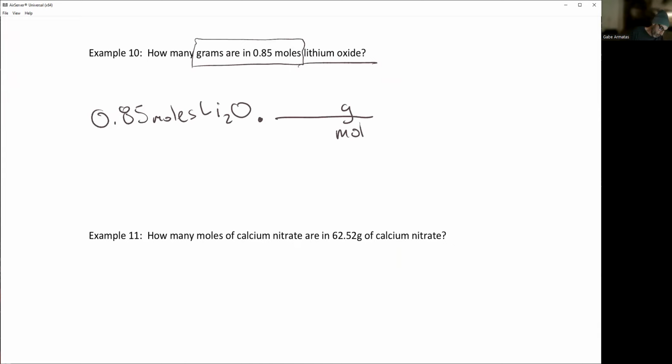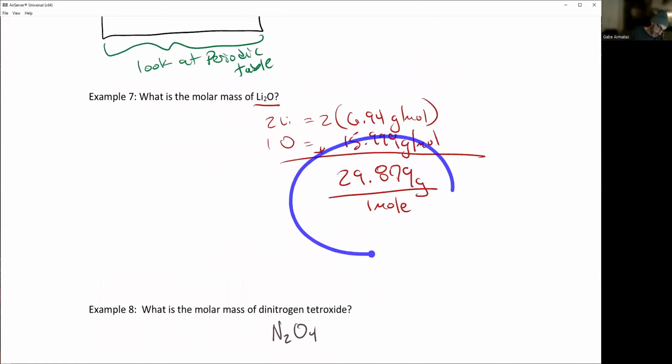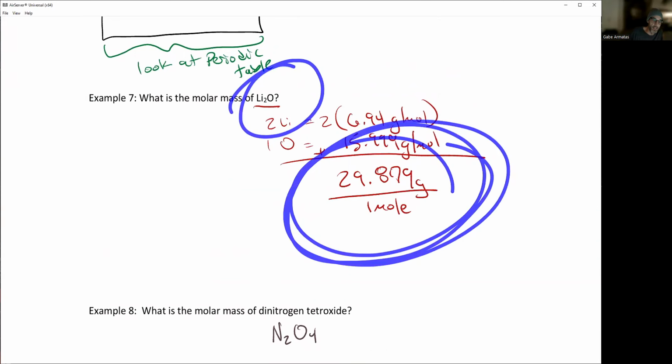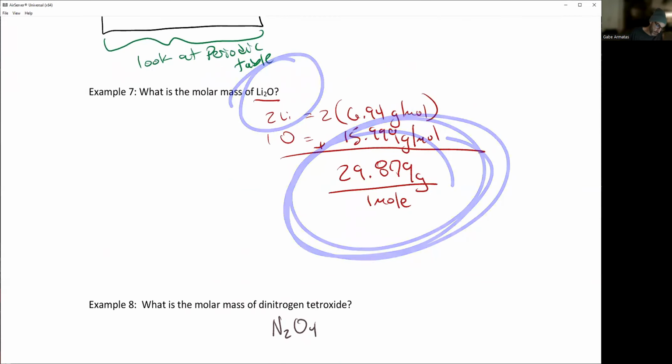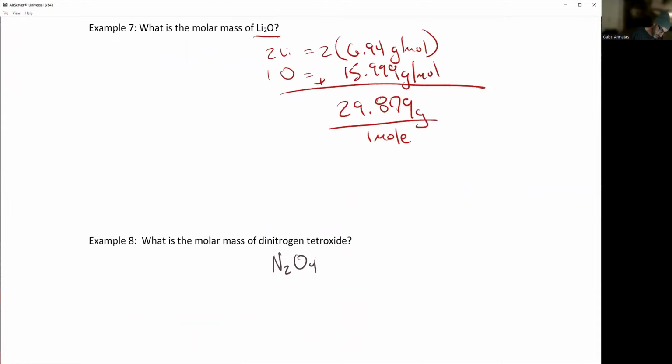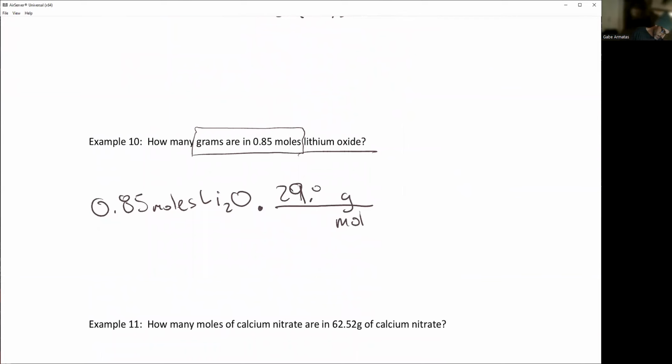So we already did this calculation. We saw that 29.879 grams is equivalent to 1 mole. That means 29.879 grams per 1 mole. Moles cancel, and my unit is going to be grams of Li2O.